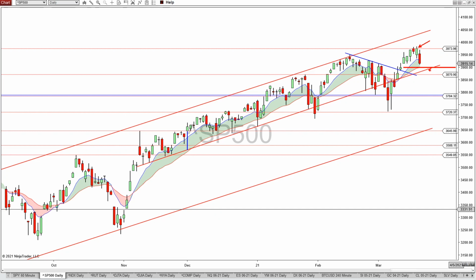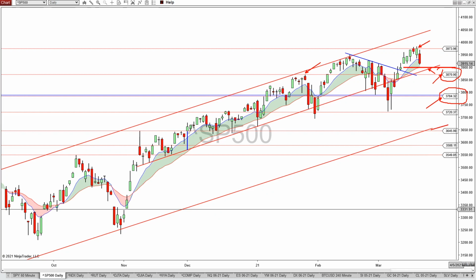And if it fails to hold this trend line, remember we are also looking at this particular level, essentially this pivot high here, for potential support. If it fails the 3,900, then we'll be looking at the 3,870 area. Then if that also fails to hold, we could be watching for it to pull back to somewhere around 3,784.